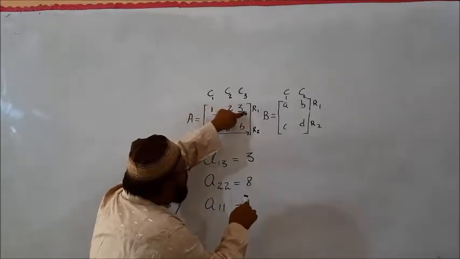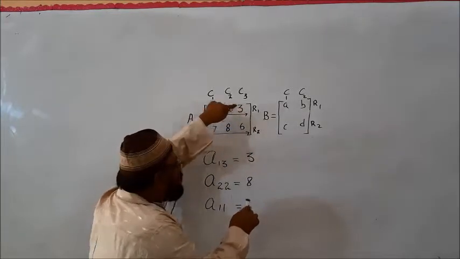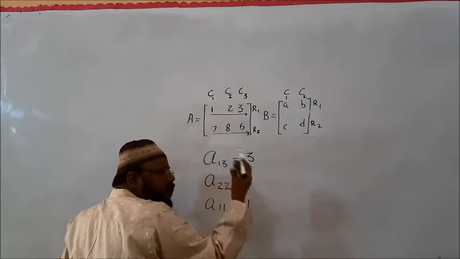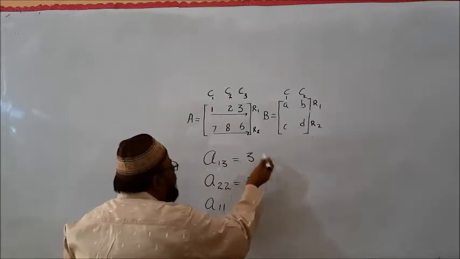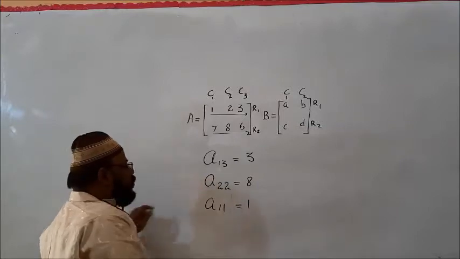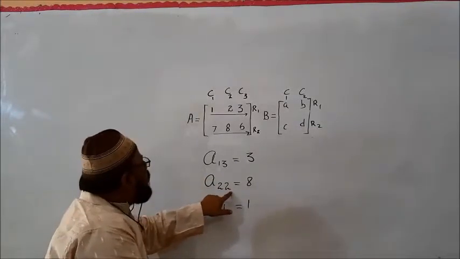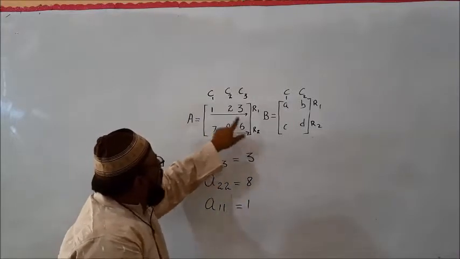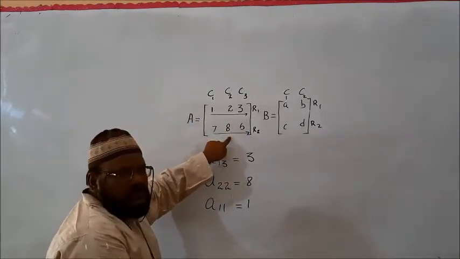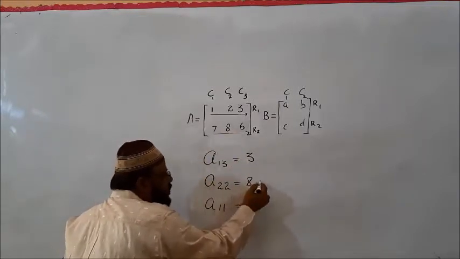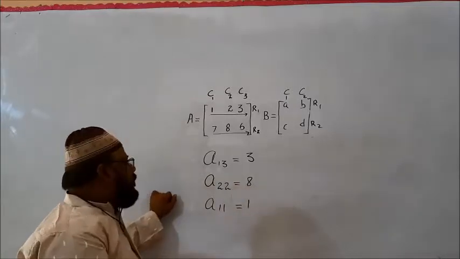So column number 3, row first we use 3 and sign of element. एलिमेंट कौन सा था? वो 3 था, हमने राइट कर दिया यहाँ पे. फॉर एग्जाम्पल A22, रो नंबर 2 एंड कॉलम नंबर 2. रो सेकंड रो एंड कॉलम 2. तो एलिमेंट 8.